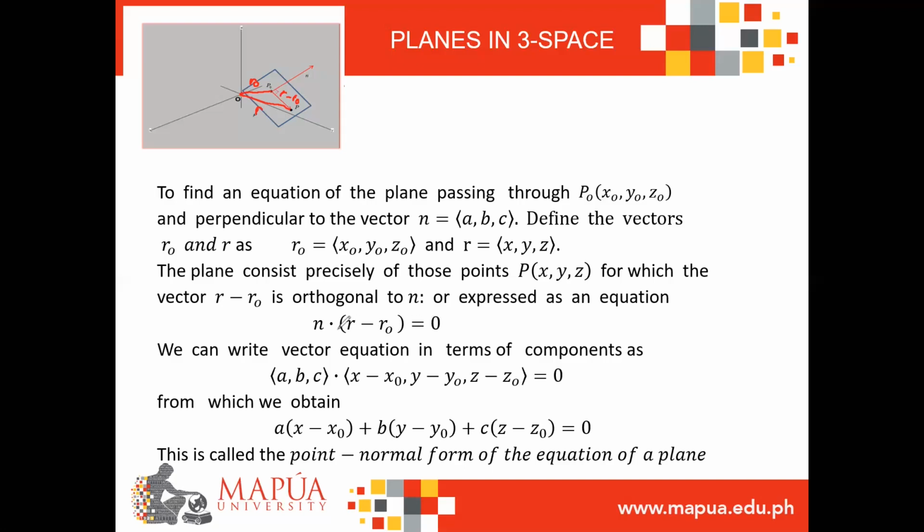We know that if we have the dot product of two vectors equals 0, then the two vectors are said to be orthogonal or perpendicular.